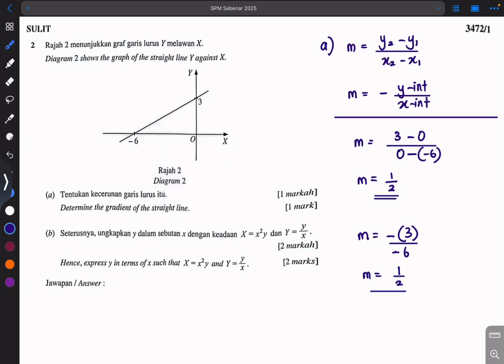Then just to double check our answer, we look at the gradient. This line is going up, so this has to be a positive gradient. If our line is going down, that means it has to be a negative gradient. So since this is going up, our gradient is positive. Alright. So here gradient is 1 over 2.